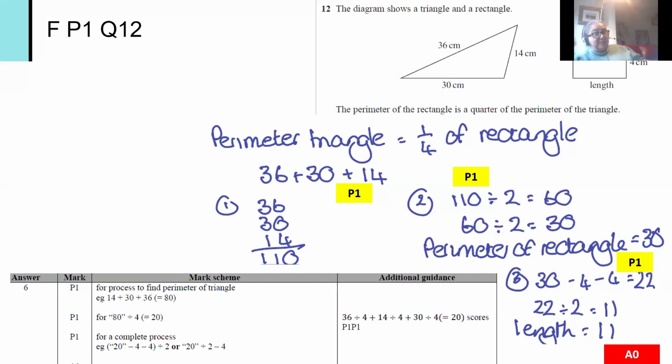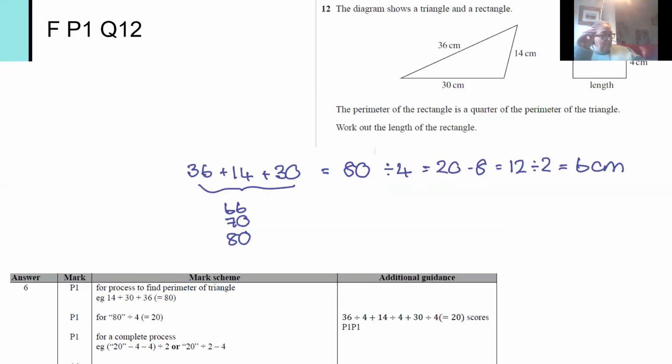The next example of this same question, I really like this from a student, because I know how many of you sat out there, this will irk. That repeated equal sign, where mathematically some people will go, but it doesn't, 80 divided by 4 is not the same as 20 minus 8.